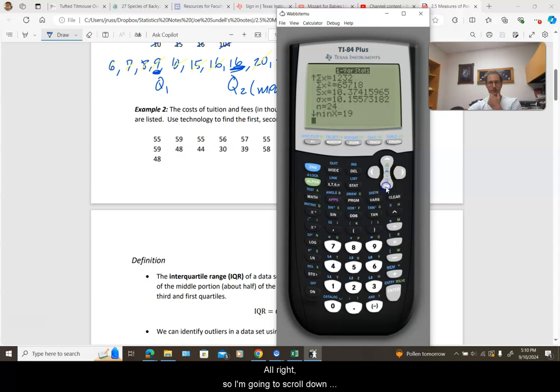All right, so I'm going to scroll down, and we can see what these quartiles are.